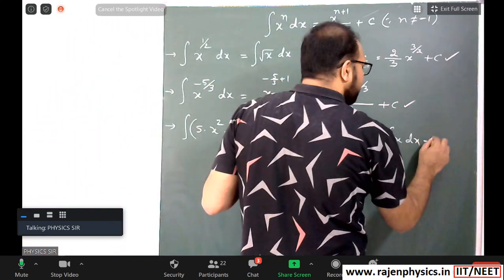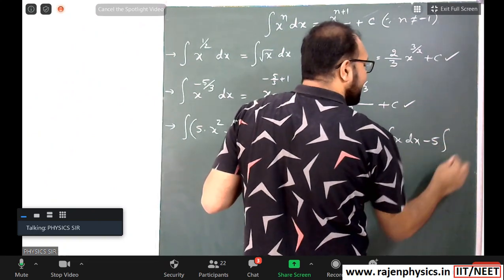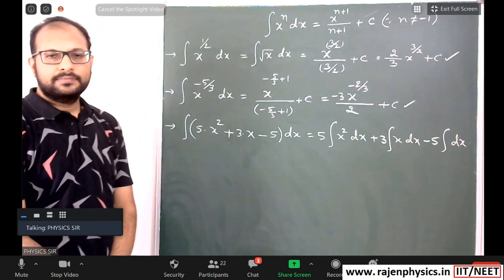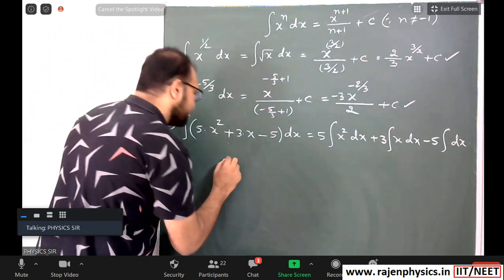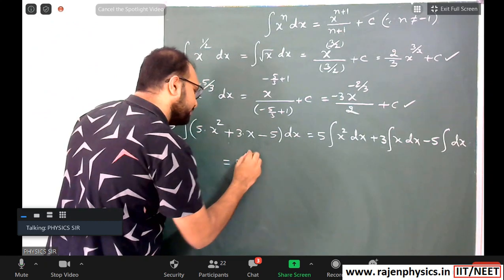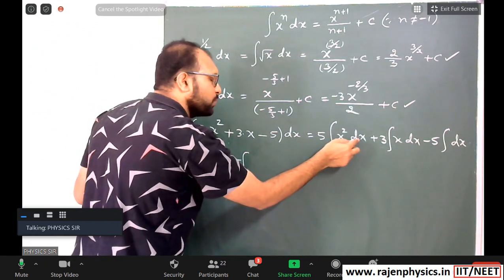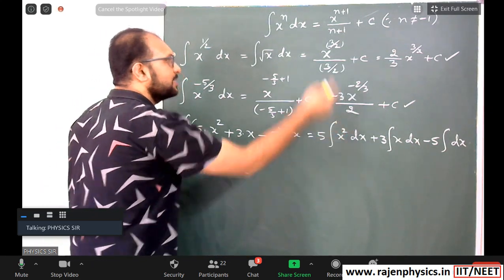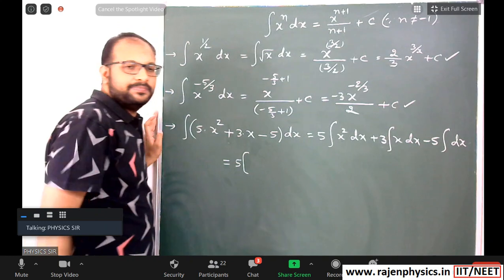Last minus 5 integral dx. Now we can integrate that. Yes, so 5 outside x square dx. X square dx, 2 means n value.